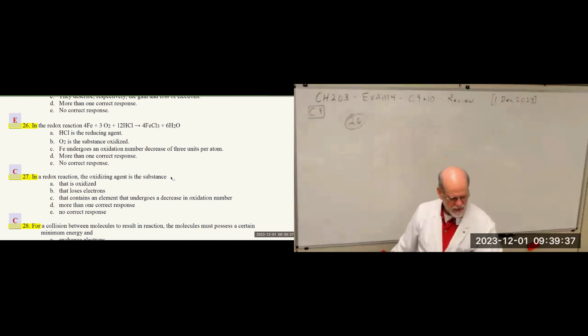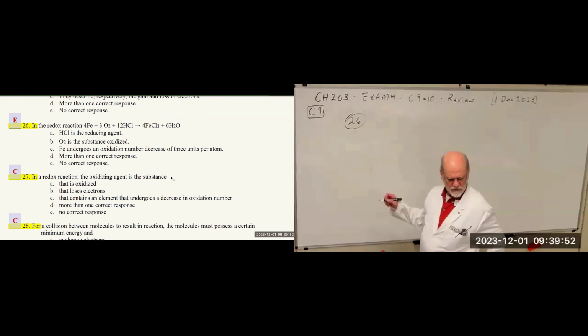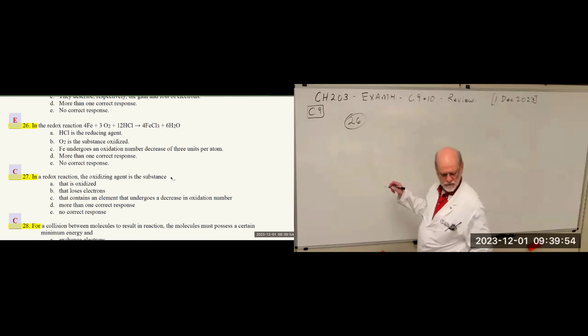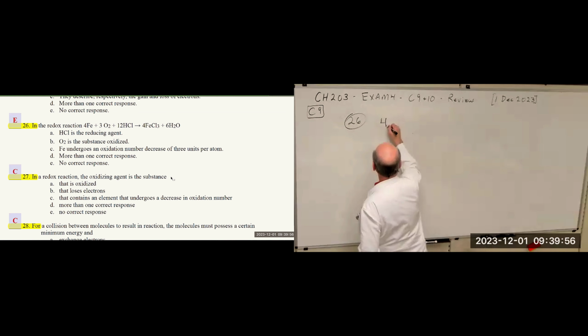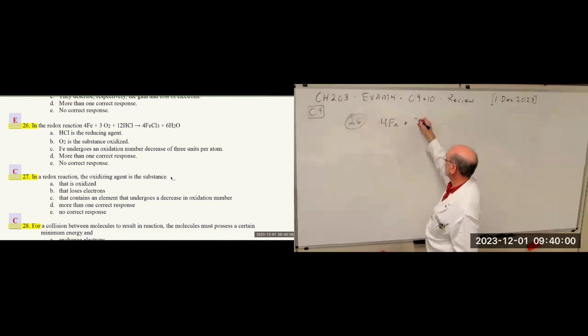In the redox reaction, 4Fe plus 3O2, 12 HCl yields 6 water. Okay, it's got multiple possibilities. All right, we're gonna have to assess this one right down to its roots. Three oxygens.